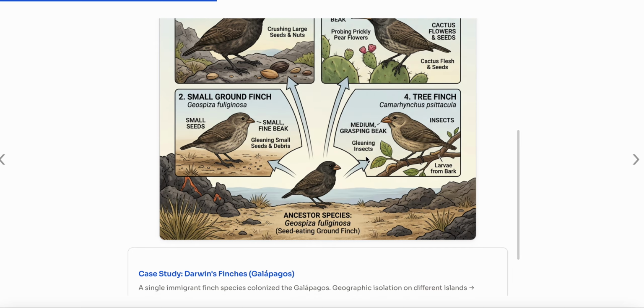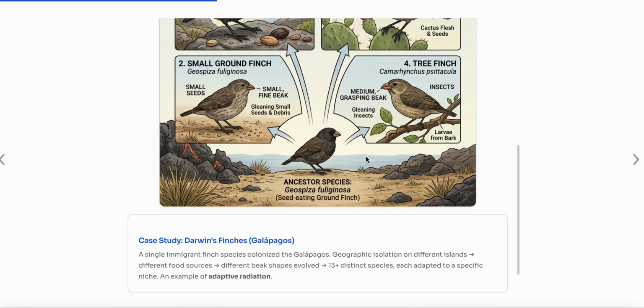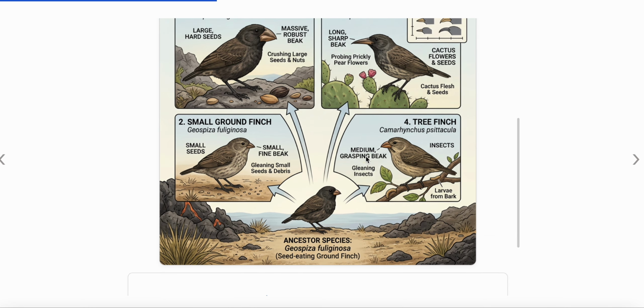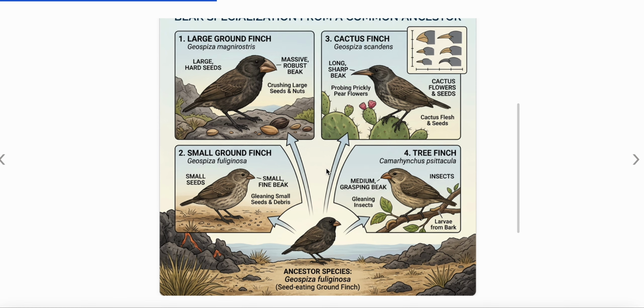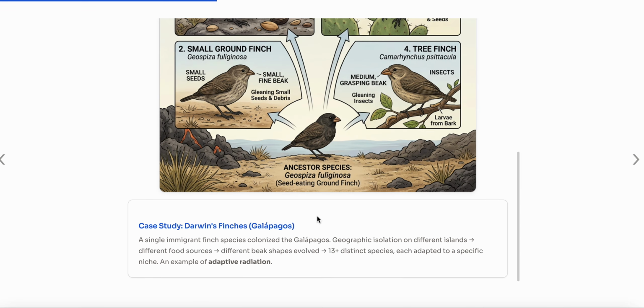And that's an example of adaptive radiation. The name itself suggests that they evolved by adapting to certain conditions. So because of this geographical isolation, the species was separated, and they evolved different habits, different beak sizes, different food habits, and they evolved into different organisms.